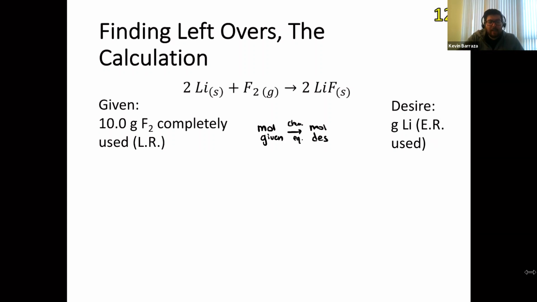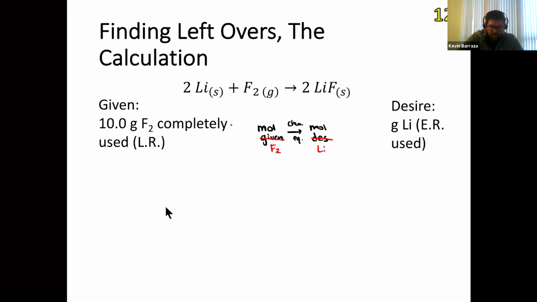And then I mentioned that once we've identified the given and the desired, we go ahead and replace it with the words. So the given in this case is my F2, because that's what I'm starting my calculation with. So that means my strategy is going from moles of F2 to moles of Li.